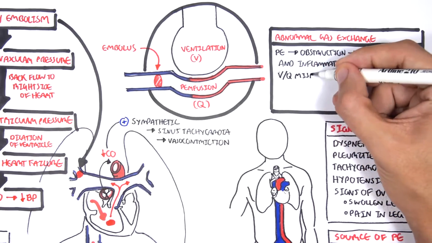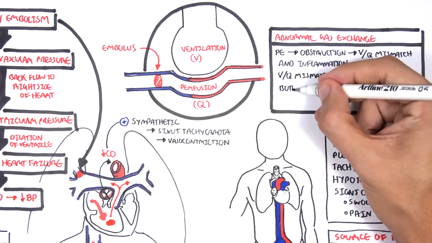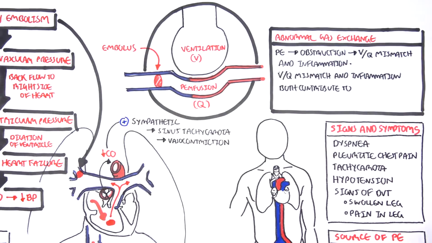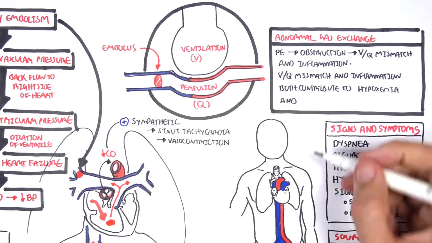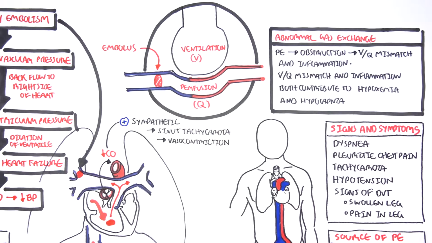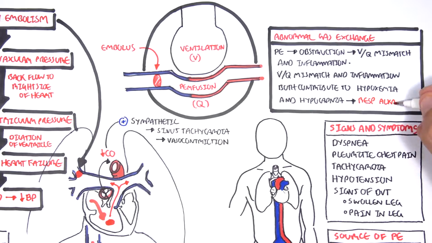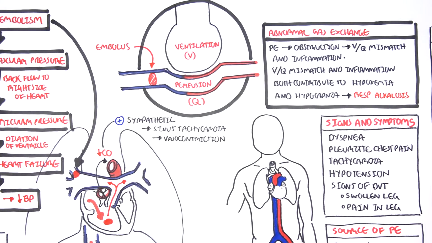So the VQ mismatch and inflammation both contribute to hypoxemia and hypocapnia, which leads to respiratory alkalosis. Respiratory alkalosis is what we can find when we do an ABG test, an arterial blood gas test. I hope that made sense.